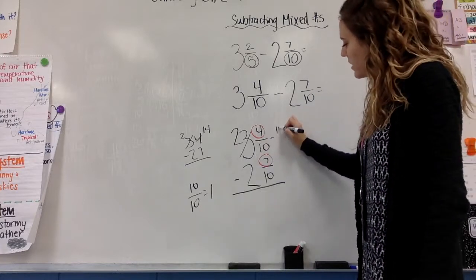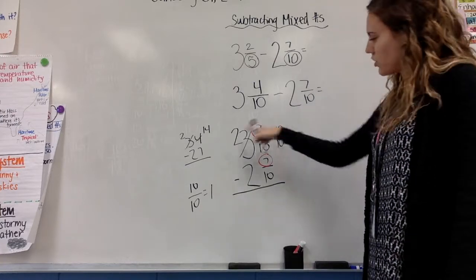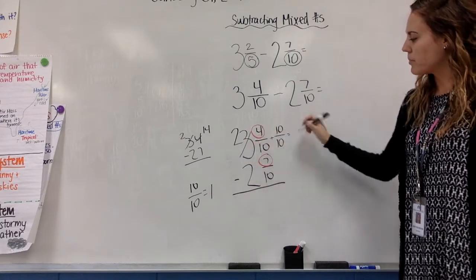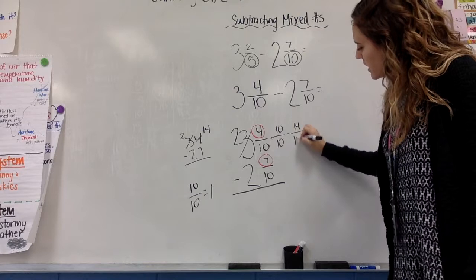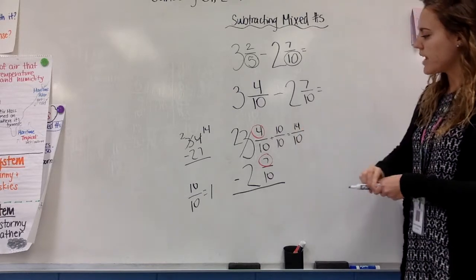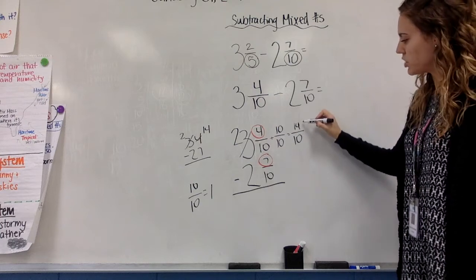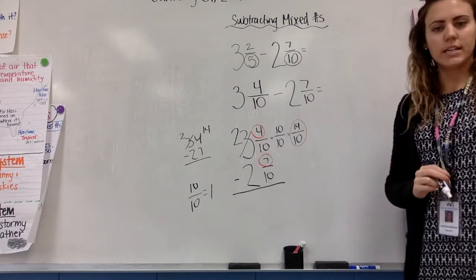So I'm going to add my 10 over 10, which is the whole I borrowed from my 3. So now 4 plus 10 is 14 tenths. So instead of subtracting from the 4 tenths, I'm now subtracting from 14 tenths.